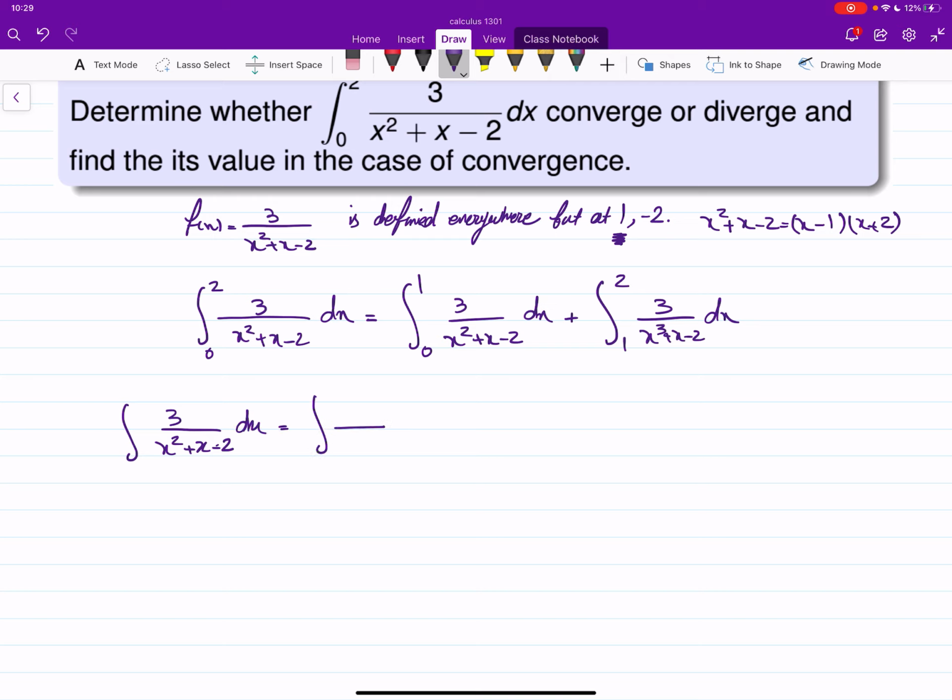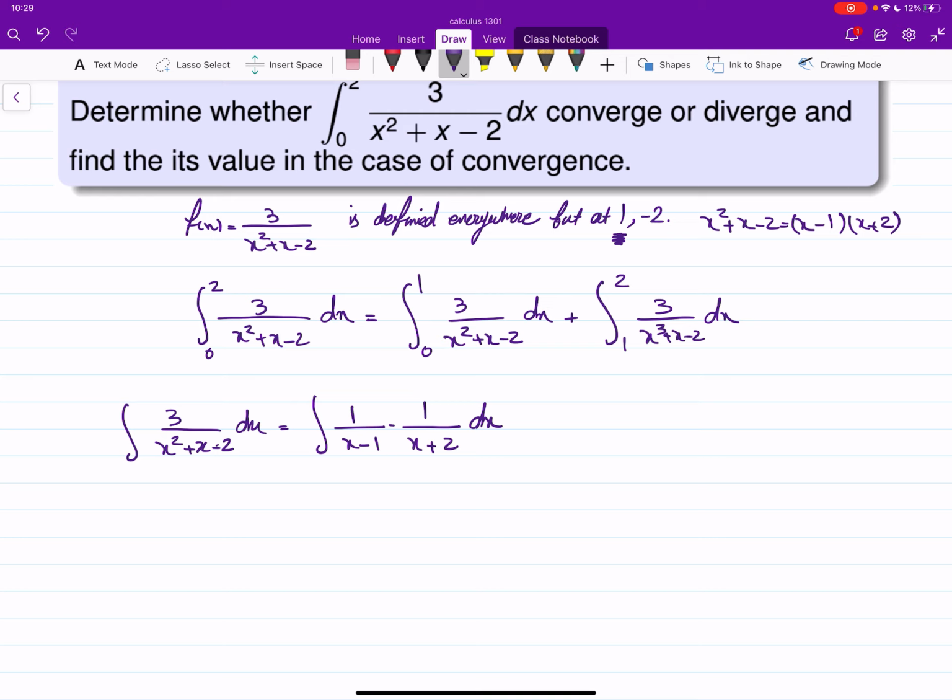This is a rational function, so I can decompose it with partial fractions. You will notice the numerators are 1 and negative 1, and that way you get 3.